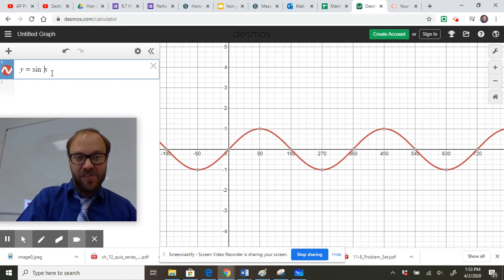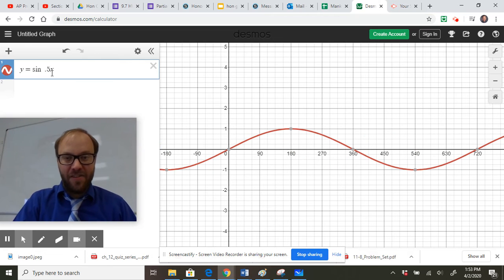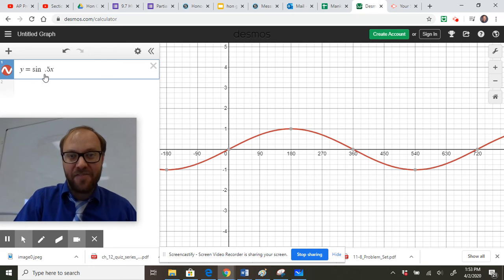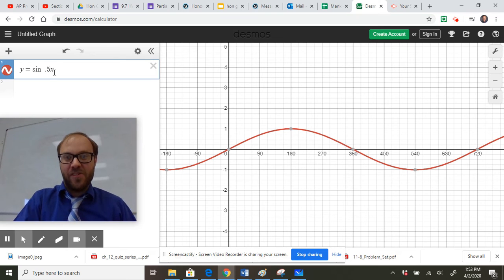If I use a decimal, like 0.5, notice the period now is 720. This graph is moving half as quickly. You would have to put an x value in that's twice as big to get the same result you got before. So for example, if you want the equivalent of sine of 360, you're going to have to put in a 720 to get that same value.